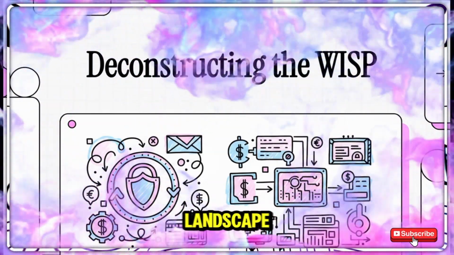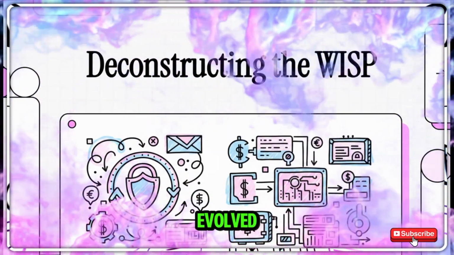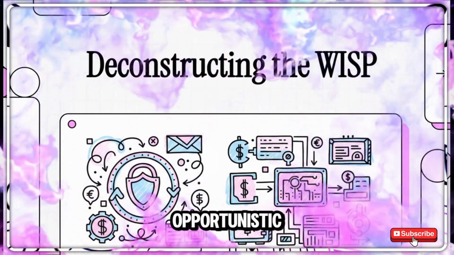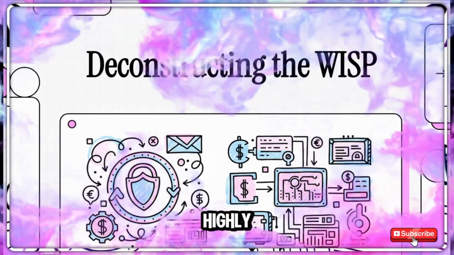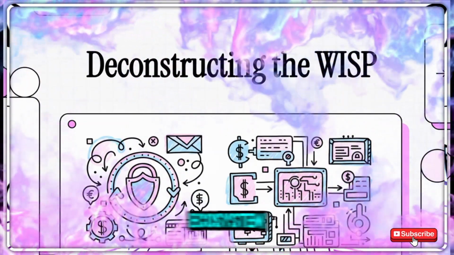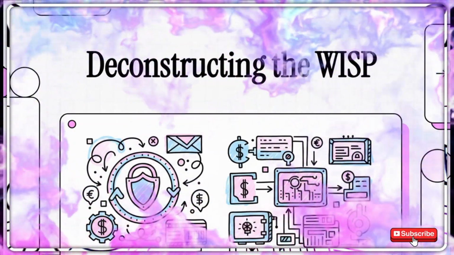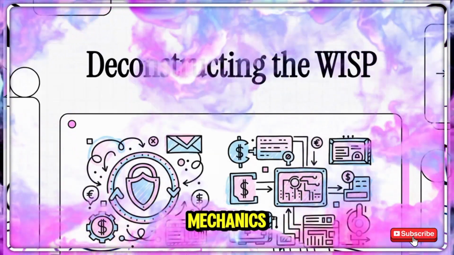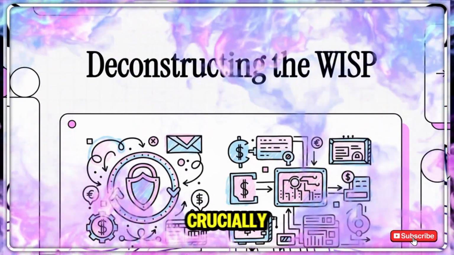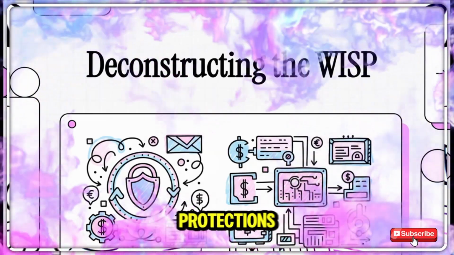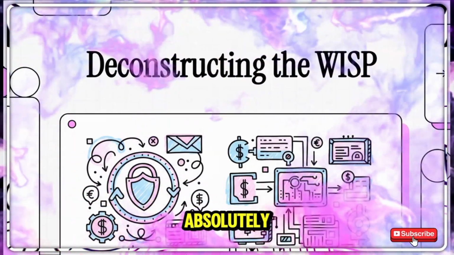The digital threat landscape has completely evolved. It's gone from isolated, opportunistic attacks into this highly industrialized, automated ecosystem of data extraction. So understanding the exact mechanics of how data is protected, and crucially, exactly how those protections fail, is absolutely paramount.